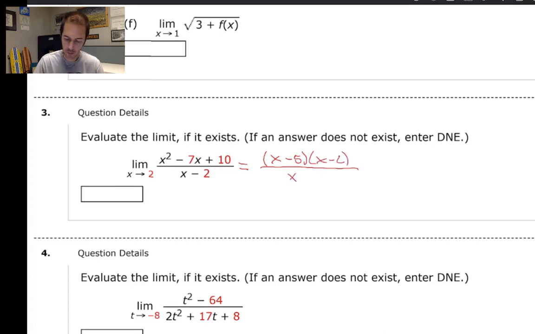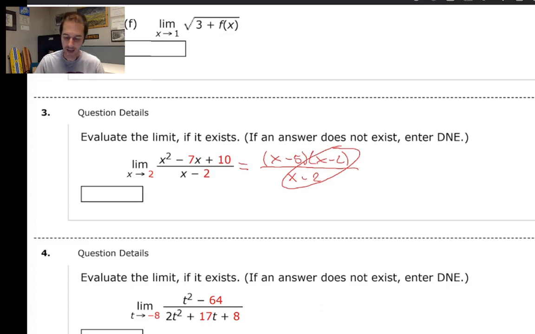If we take a close look at this, we realize that the numerator can be factored, and we end up with a factor of x minus 2 in the numerator and in the denominator. When you can cancel out two factors like this, that's called a removable discontinuity. Graphically, a removable discontinuity shows up as a hole.